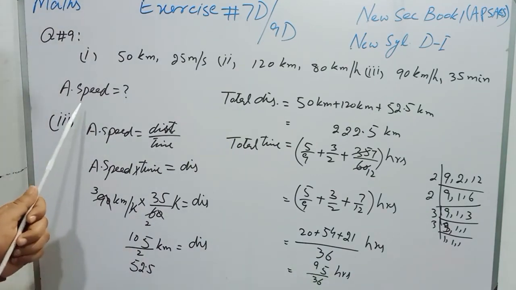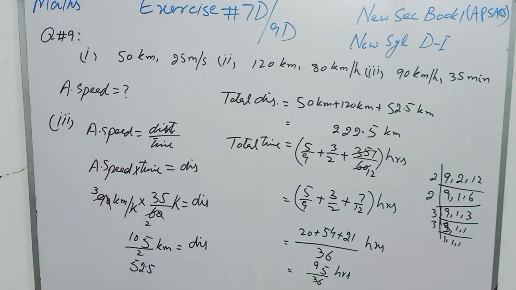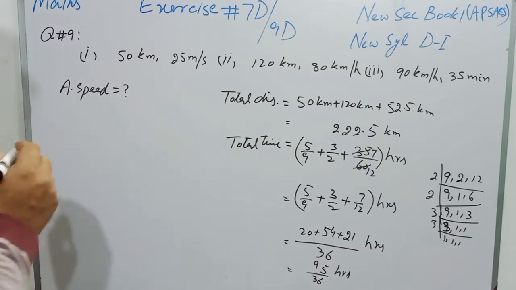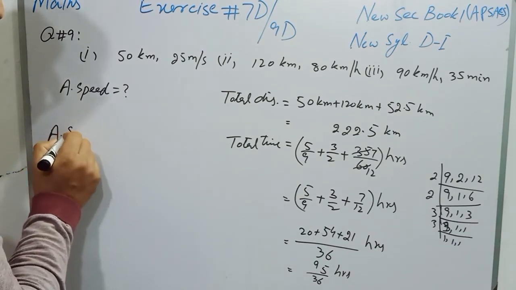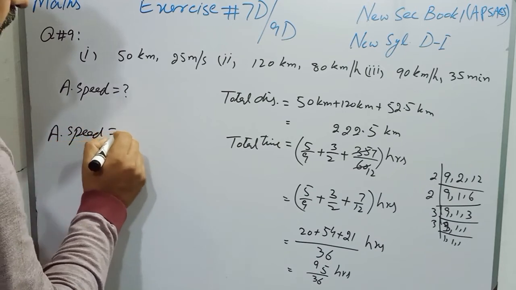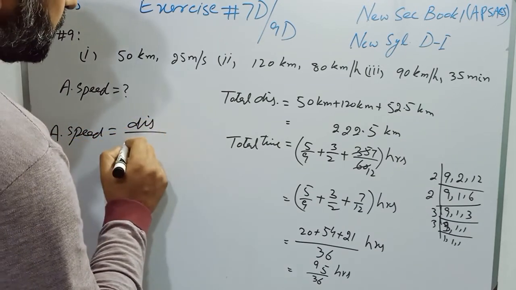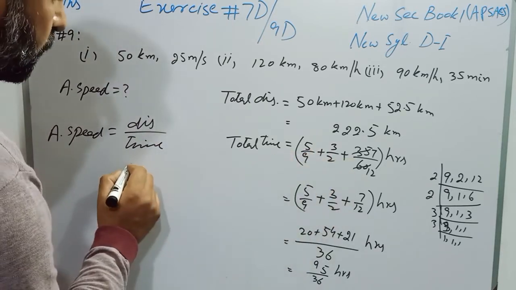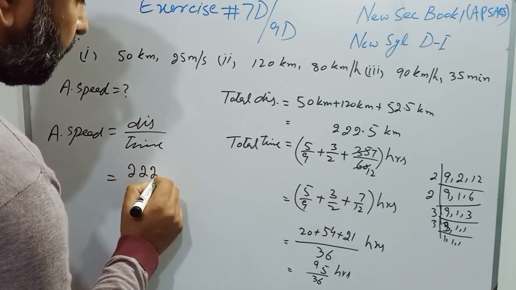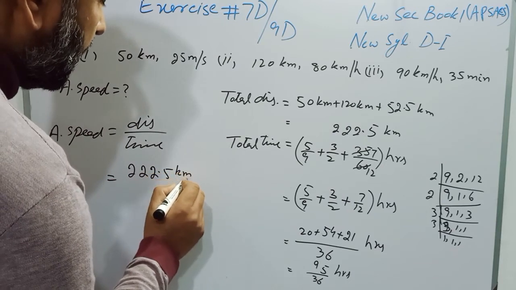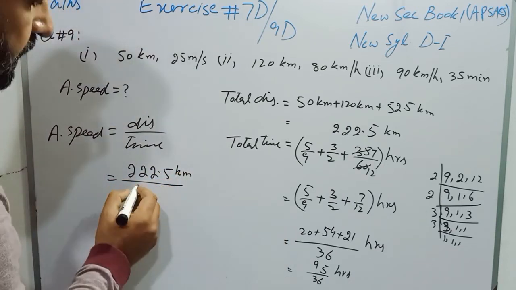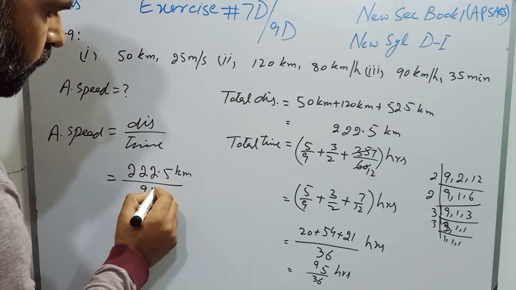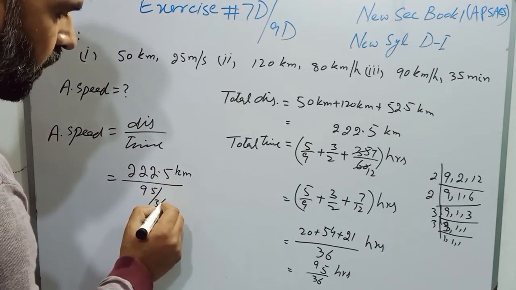And we have to find the average speed. So students, average speed is equal to distance over time, and the total distance is 222.5 kilometer and the total time is 95 over 36 hours.